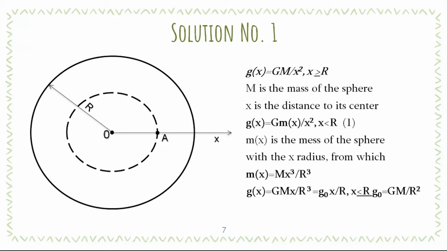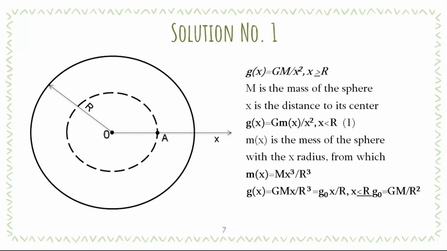Putting this in formula 1, we get the following formula: g(x) finally is equal to g0 x divided by R, for x smaller than or equal to R. That is, the acceleration inside the sphere changes directly proportionally to the distance from the center of the sphere, which was to be shown.